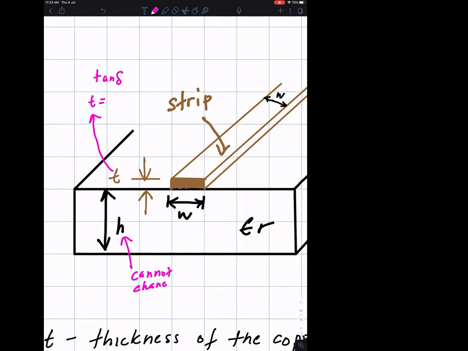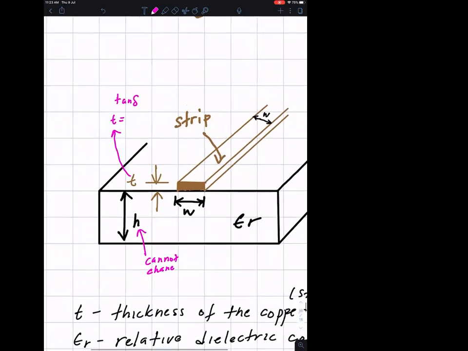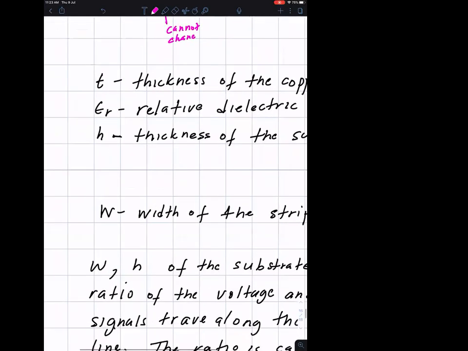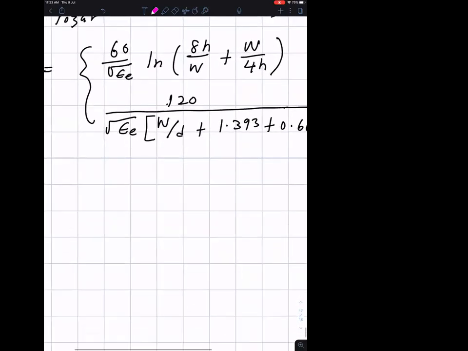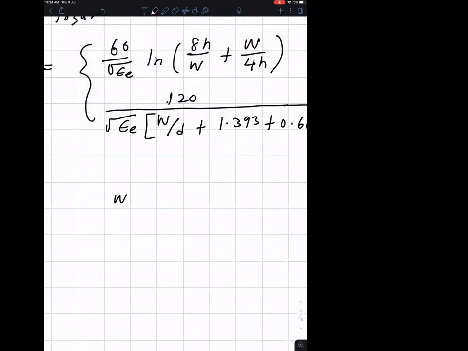Sometimes you enter them or you don't enter them; it doesn't make much difference. But W, definitely, is going to make a big change in your design. And H also, and the dielectric material. So these are the very important things to keep your eye on: W, H, and the relative dielectric constant.